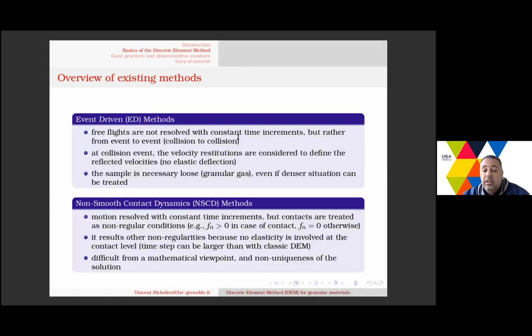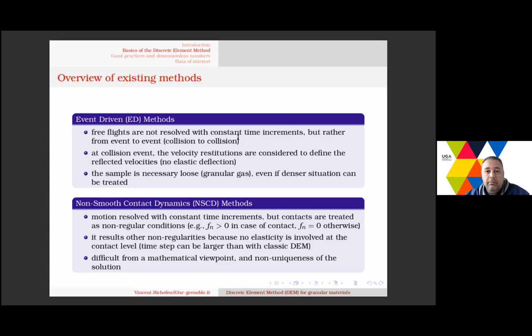And this results in non-regularity everywhere, in the velocities, in everything. But this method is less easy, I would say, to handle than classical DEM, because from the mathematical point of view, it is a little hard to model. Also, we don't have the uniqueness of the solution.